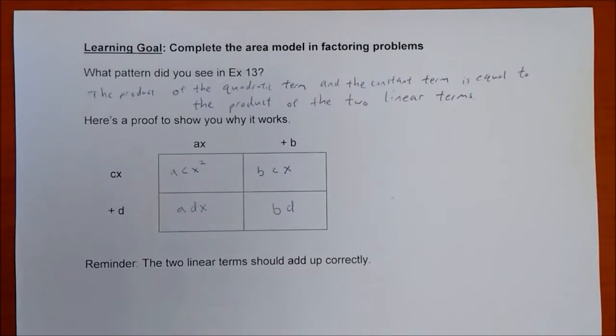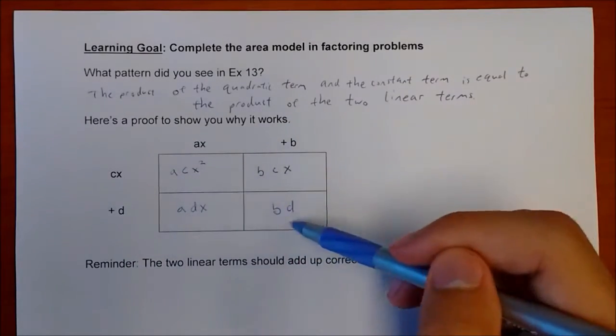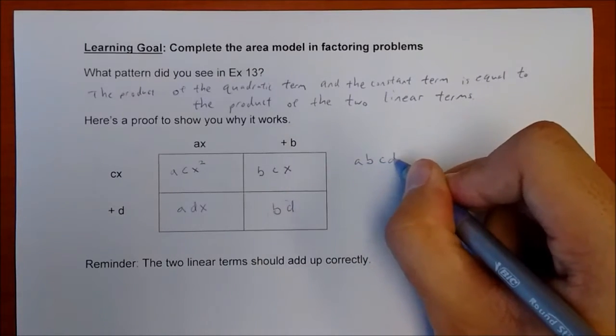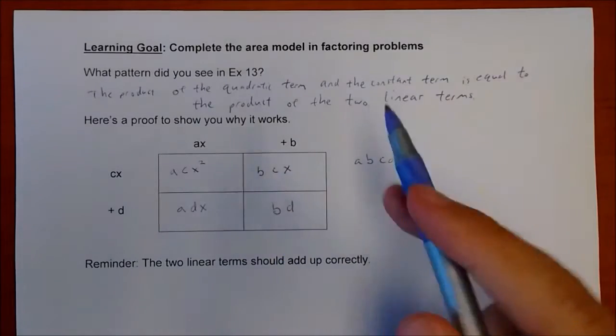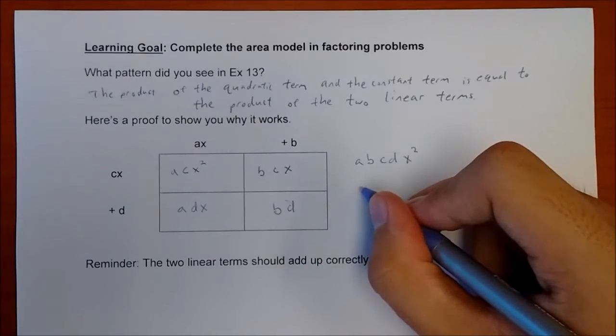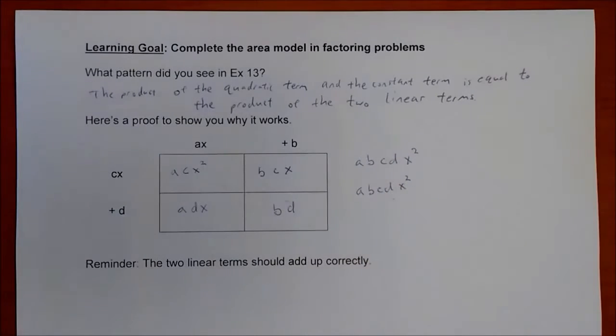And if we do what we did before, where we multiply the quadratic term and the constant term, these go to abcdx squared. And for the two linear terms, adx times bcx also gives us abcdx squared after we do some rearranging due to the commutative property of multiplication.